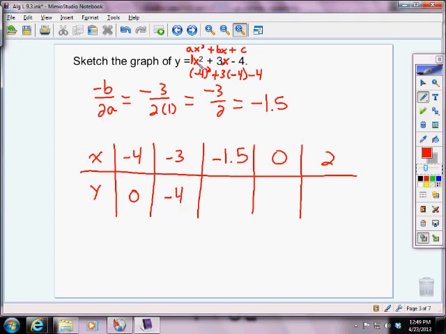Now I'll input my negative 1.5 for x into this function, and I get out a negative 6.25. If I input 0, I get out a negative 4, and if I input 2, I get out 6. Okay, so just like input-output tables we made with linear functions, we're going to be doing with quadratic functions. Notice how I put parentheses around my negative 4? That's a good idea. Again, your calculator doesn't like to treat this as a negative 4 unless you put it in parentheses.